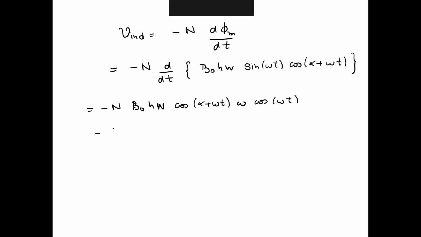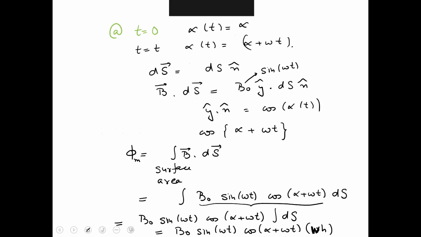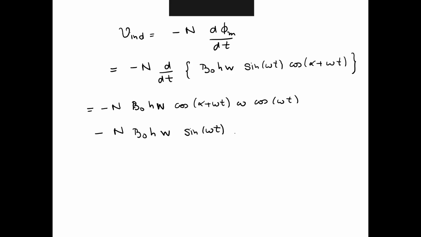Then I differentiate the cos term, where sine omega t is constant, and I get minus omega sine of alpha plus omega t.